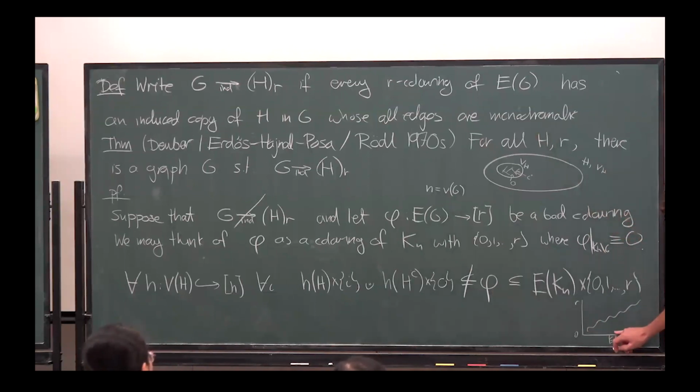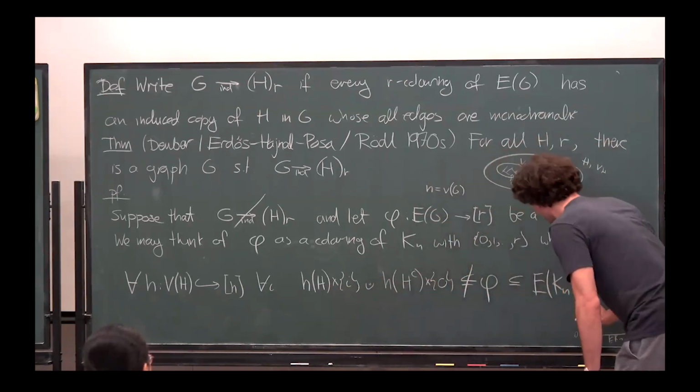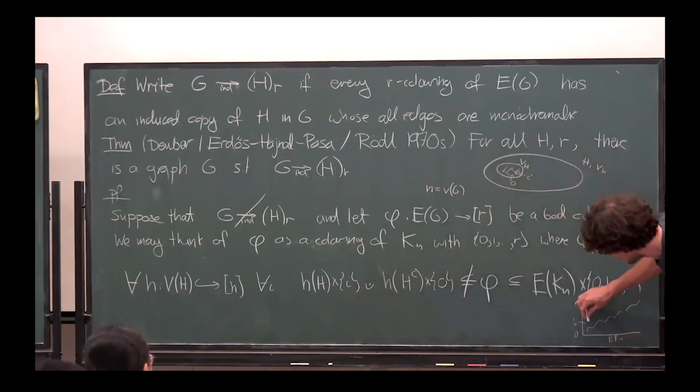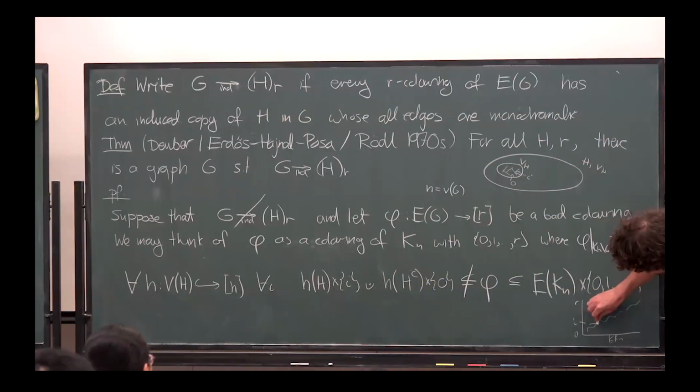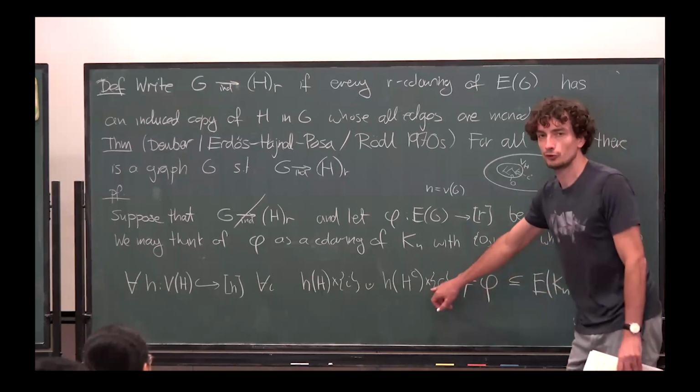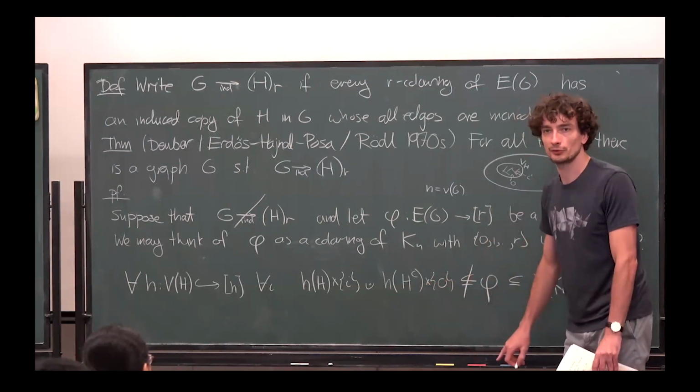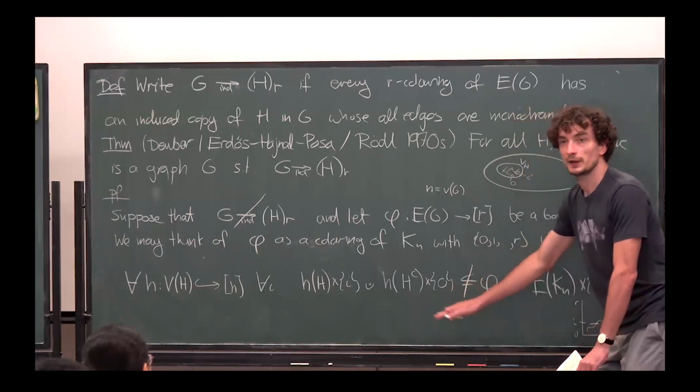Over every edge, I just put one point in Kn, and this way the coloring is just a subset of the Cartesian product of the edges versus colors. So I'm looking for a color I. Now, the edges of some copy of H would get color I, the non-edges would get the color 0. This would correspond to an induced copy, but we don't have such an induced copy. And this is precisely the condition.